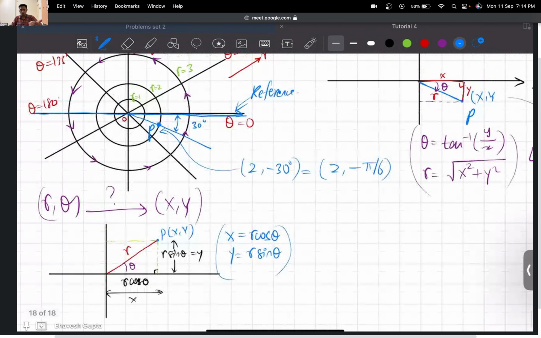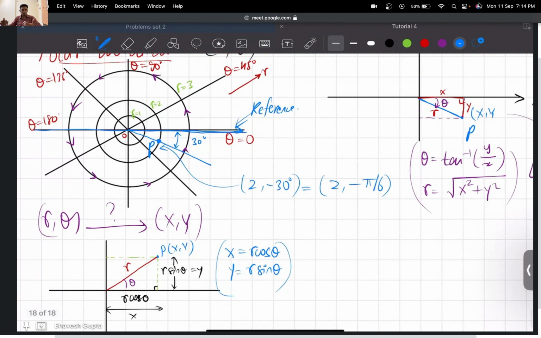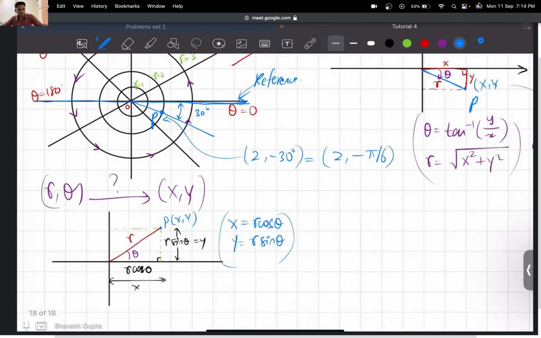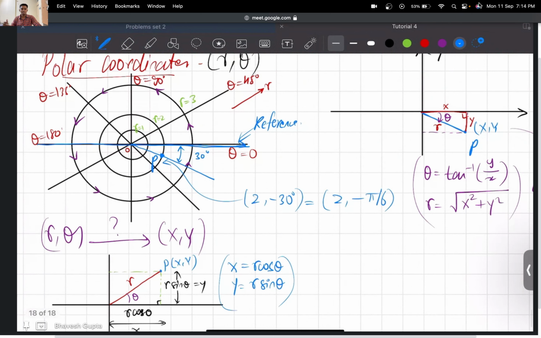And the choice of the coordinate system depends on what kind of problem we are dealing with. Let's say in my problem I have a symmetry in the distance. Let's say my problem is designed in such a way that its distance from the origin is fixed and does not change, only the angle is changing. Then I would prefer to work in the polar coordinate system.